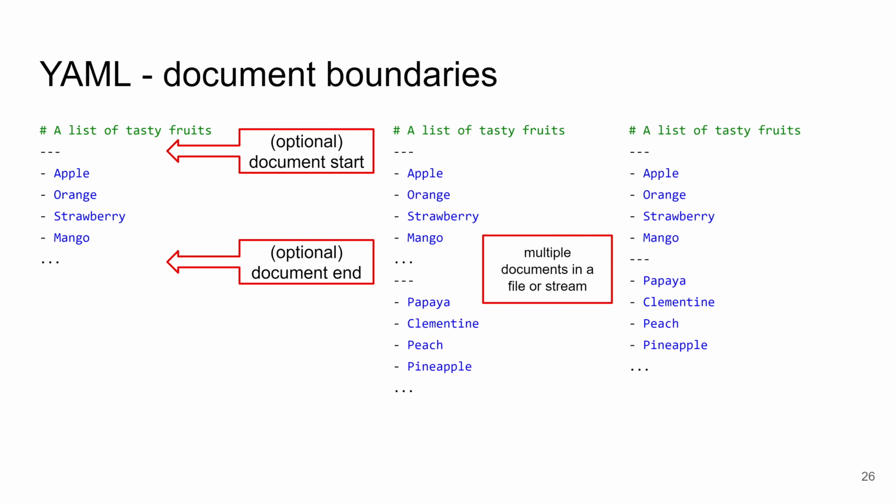You can also omit the middle 3 dots and just separate one document from another using the 3 dashes. That's what you see on the right, the same list in 2 documents, but in the middle we have only 3 dashes saying another document starts, and at the end there are 3 dots. So that's a new feature in YAML.